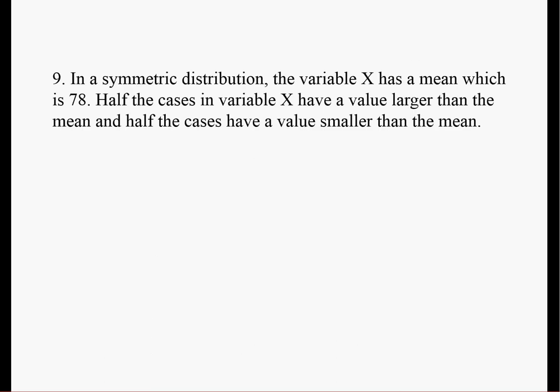In a symmetrical distribution, the variable x has a mean which is 78. Half the cases in variable x have a value larger than the mean, and half the cases have a value smaller than the mean. Now we can directly use the x in our expression, because in the question the meaning of x is given. So this is a pretty straightforward expression.